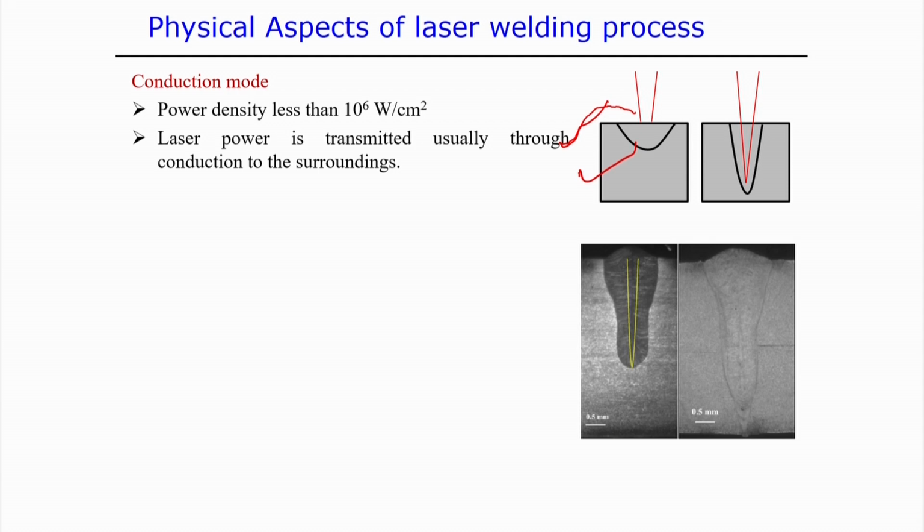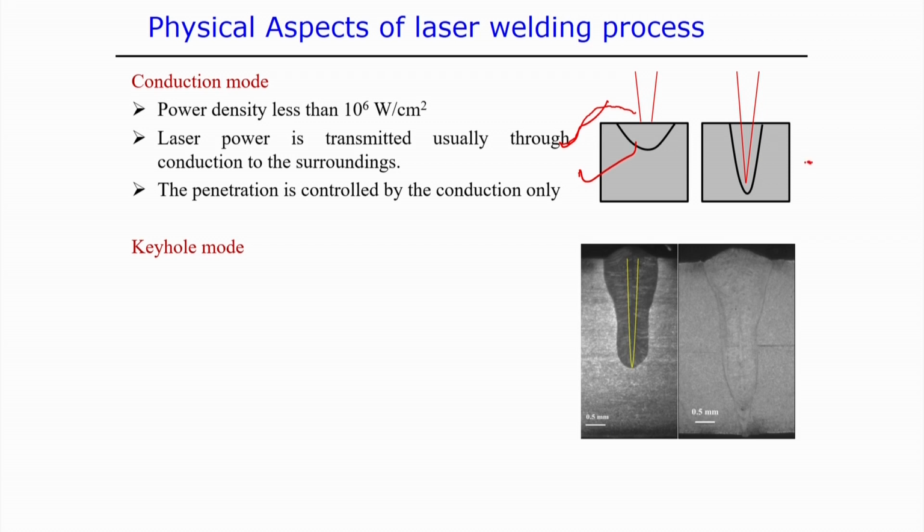Normally we can consider that a conduction mode laser welding process, and the laser power is transmitted usually through conduction to the surroundings, and the depth of penetration or shape is mainly controlled by heat conduction only. So conduction mode laser welding has typical applications, but if we want a high depth of penetration, probably the keyhole mode laser welding is more suitable.